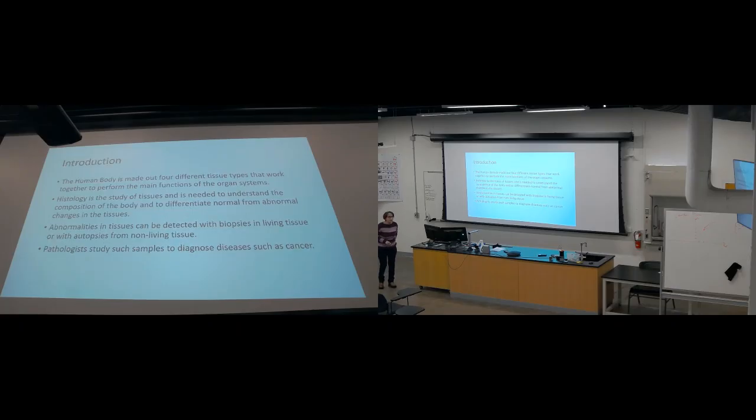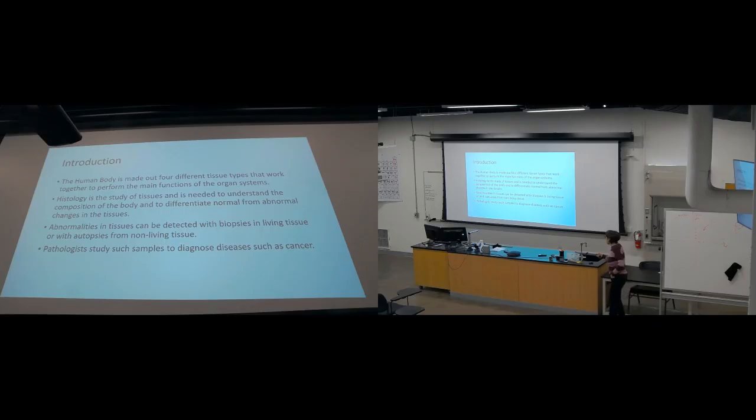So, our body is made up of 4 different tissue types, or the cells come from 4 major tissue types. And these tissue types combine to form organs, and the organs form organ systems, as you remember.